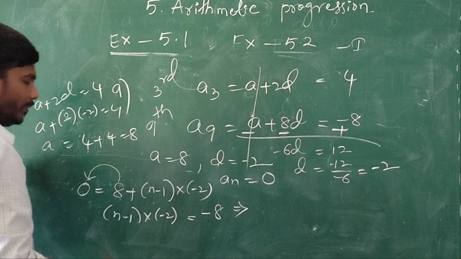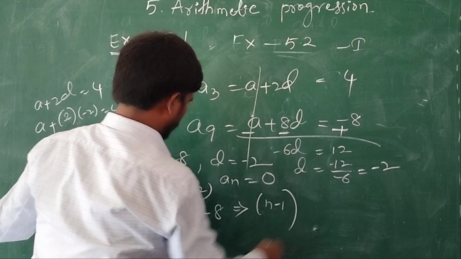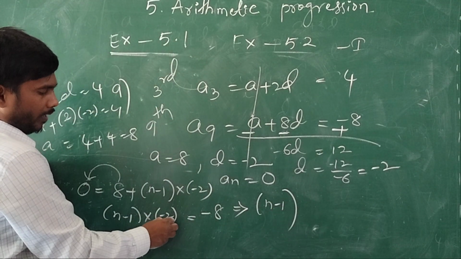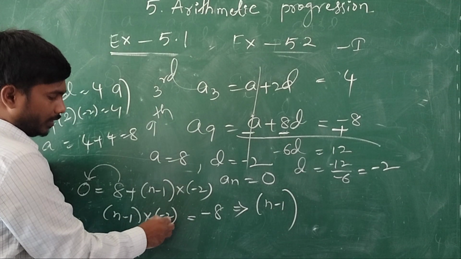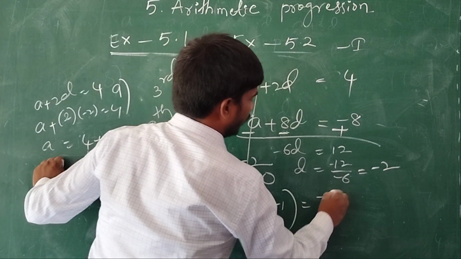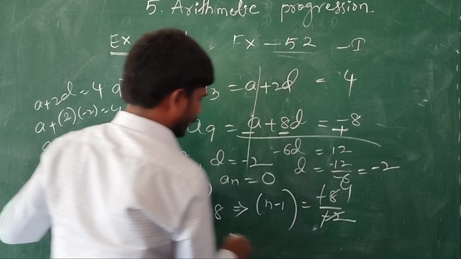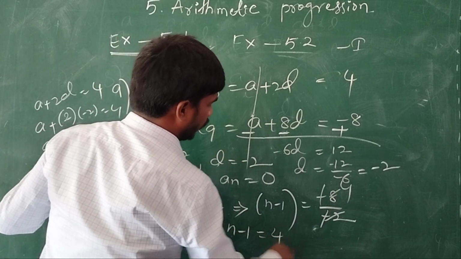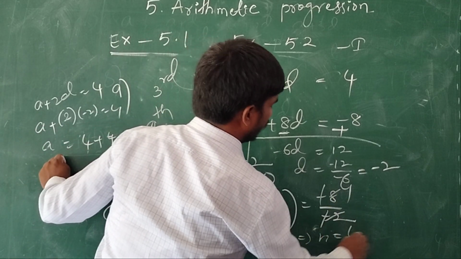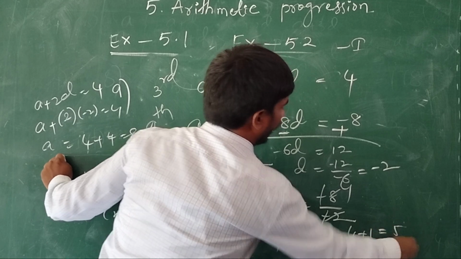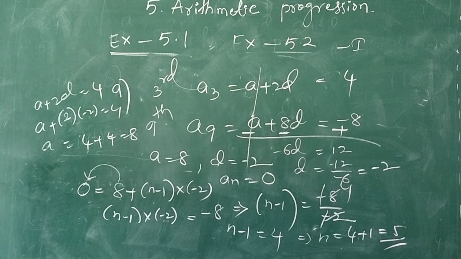If you take this minus 2 to the other side, it becomes minus 8 by minus 2. Minus minus cancel. 2 fours are 8. N minus 1 is equal to 4. Then N is equal to 4 plus 1, that is 5. Fifth term of that AP is 0.